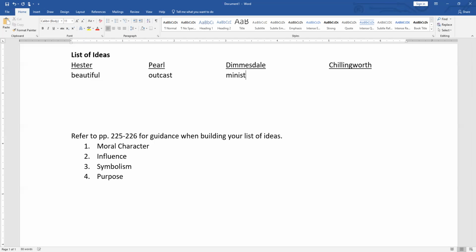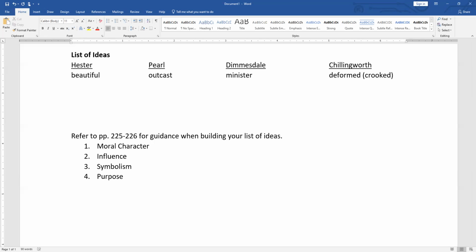Dimmesdale is a minister. And not all of these are symbols. Some of them are just their influence. So Dimmesdale as a minister is an influence for good. He's seen as a very upstanding character in this book by the community. Chillingworth is deformed. There are lots of references to that in the story. You could also say maybe he's crooked.